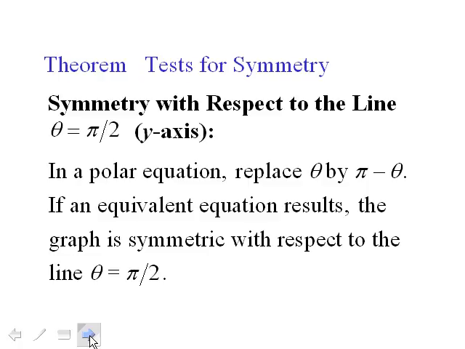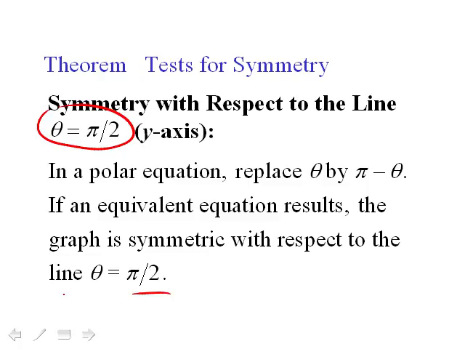That's symmetry with respect to the y-axis, the line theta equals 90 degrees, pi over 2 radians. So you can check for that kind of symmetry by replacing theta by pi minus theta. If you get an equivalent equation out, then you can claim symmetry with respect to the line theta equals pi over 2.